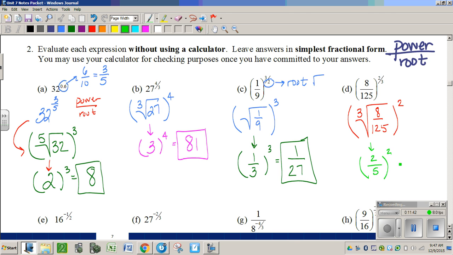And now we're going to square that. So that's 2/5 times 2/5. And that turns out to be 4/25. All right, if you didn't understand those 4, go back, rewind, watch them again. Remember, power over root. That's what I want you to keep telling yourself every time you're working with a fractional exponent.